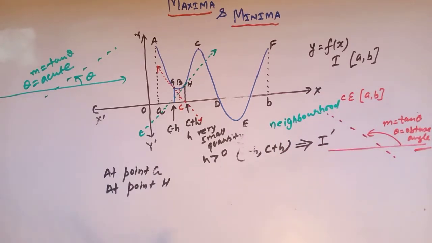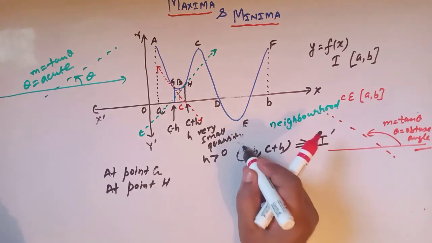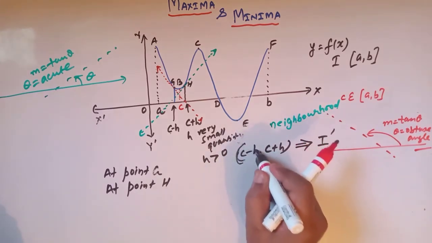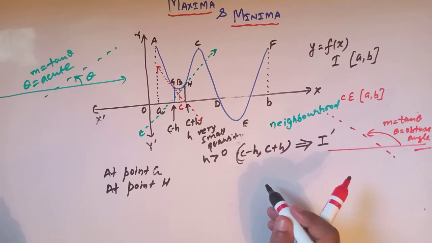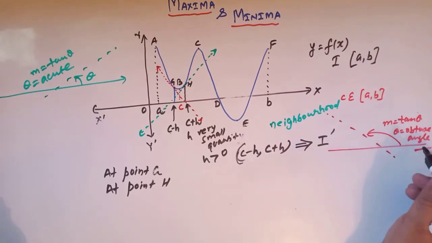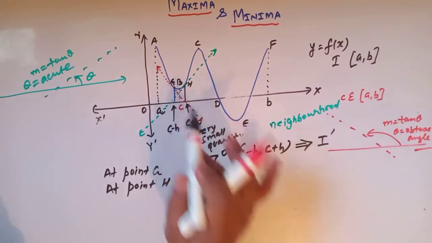So we have drawn these two tangents, one to the left and one to the right, and B is the turning point.